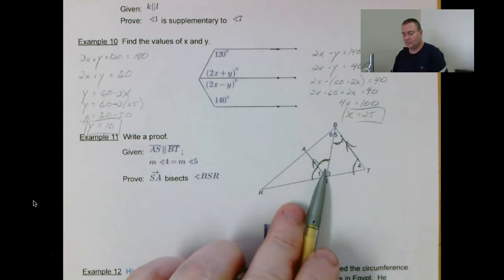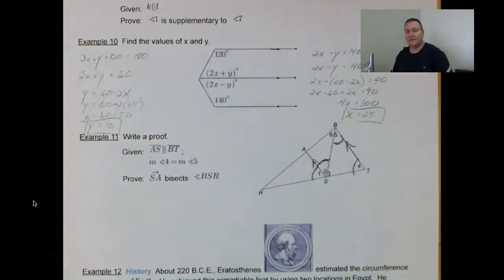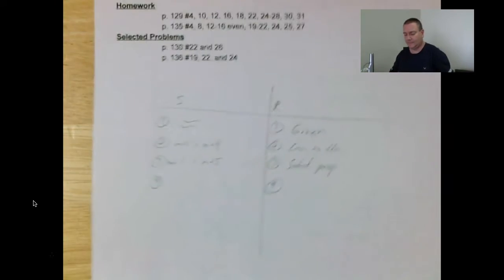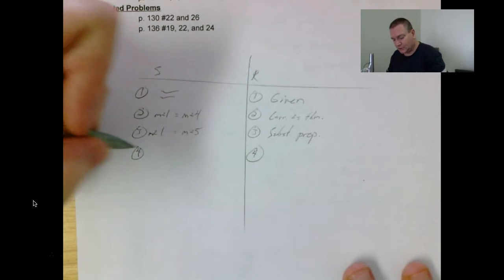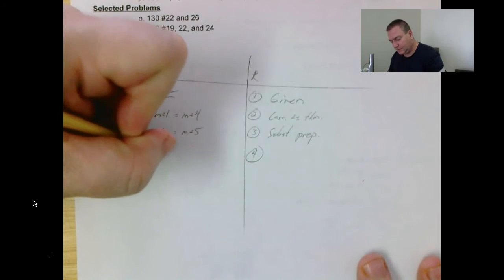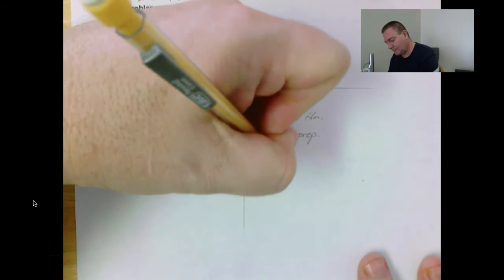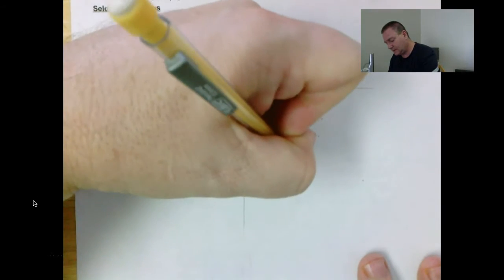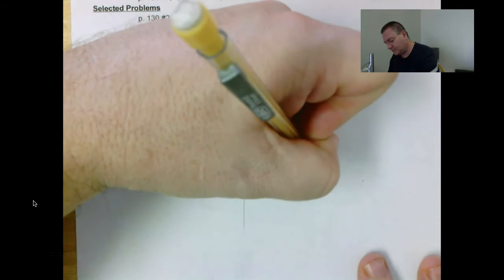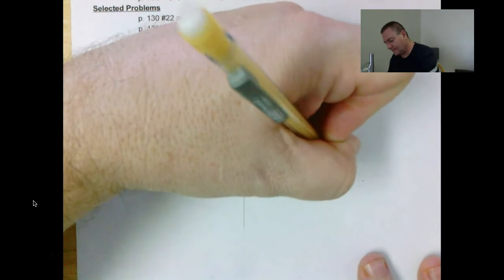So angle 2 is congruent to angle 5. Measure of angle 2 equals the measure of angle 5. Alt int angles there.